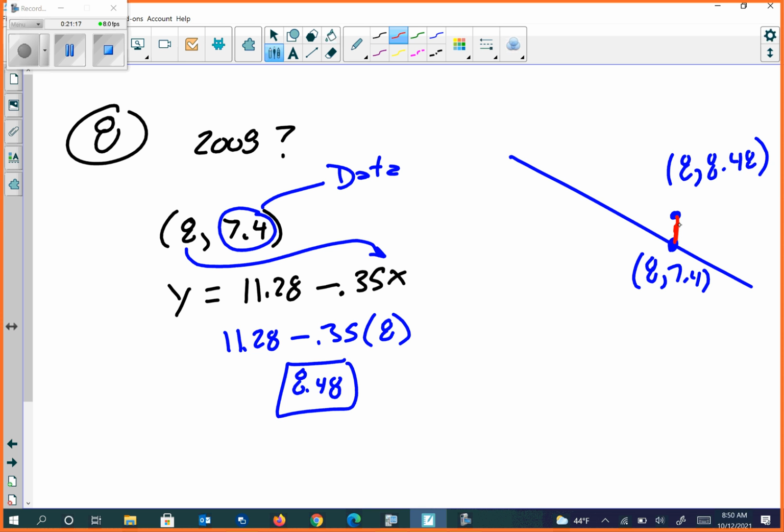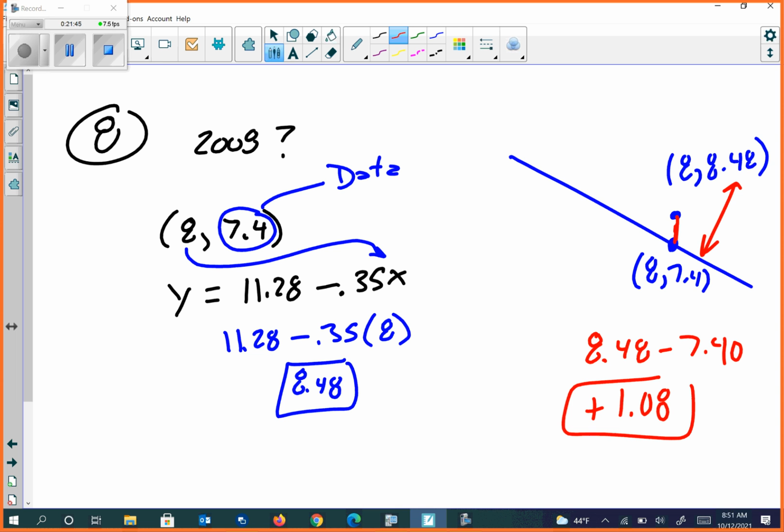So how do I make this positive? If I can't remember the equation, how do I make the distance from 8.48 to 7.4 positive? Well, I just go 8.48 minus 7.4. Help me out. 8.48 minus 7.4. So it has a positive 1.08 residual.